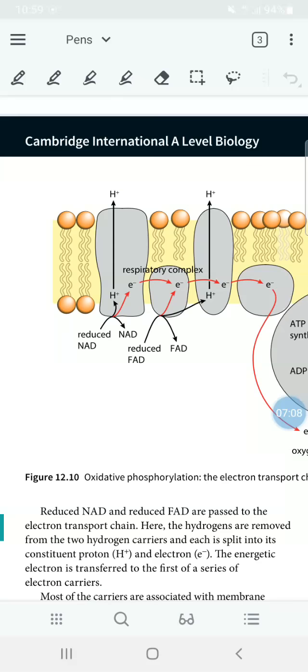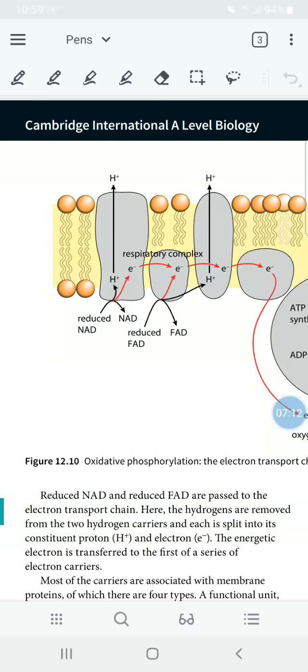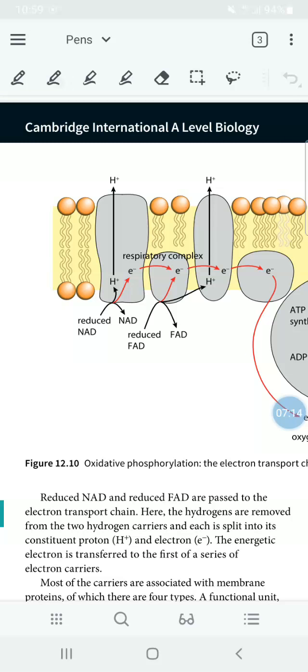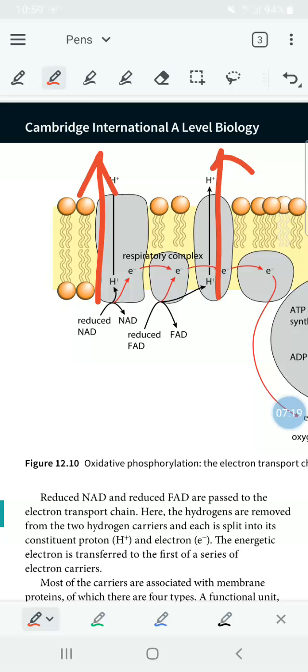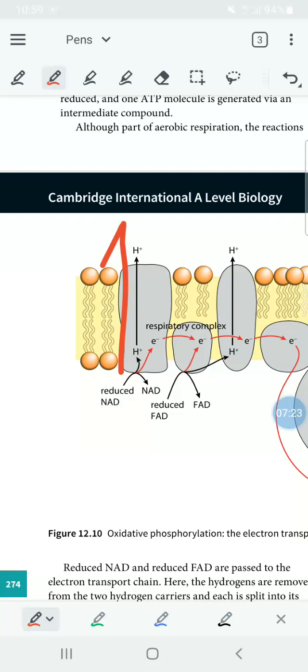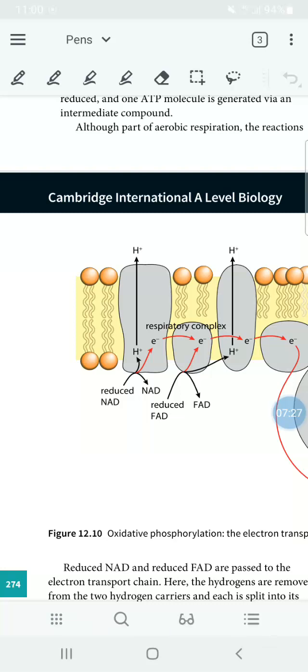So as you can see here, using energy, these hydrogen ions are being moved out. Right? You can see that. But because the concentration of hydrogens here increases, so the protons increase, H plus are protons.